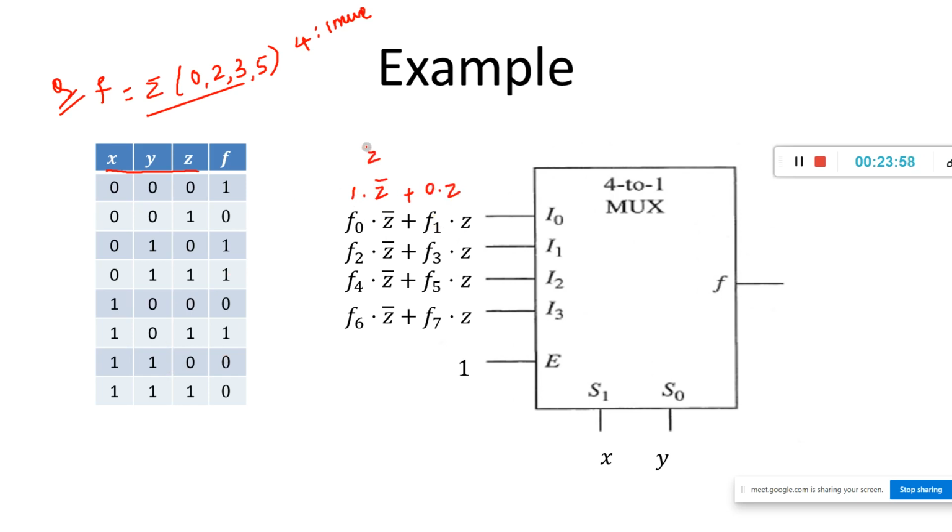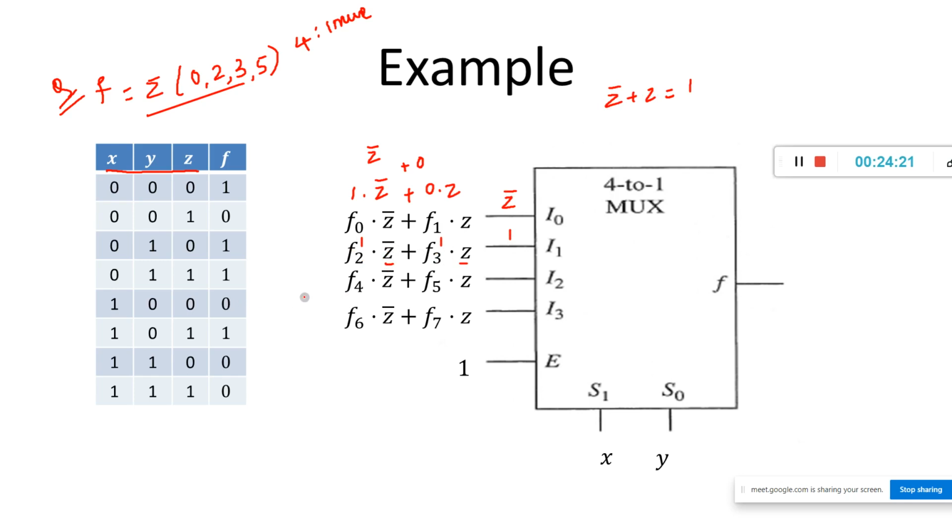So what will I get? Z bar plus 0, so z bar will be placed here. What is f2 value? It is 1. What is f3 value? It is 1. So I will get z bar plus z, what is it? 1. So 1 will be placed here.